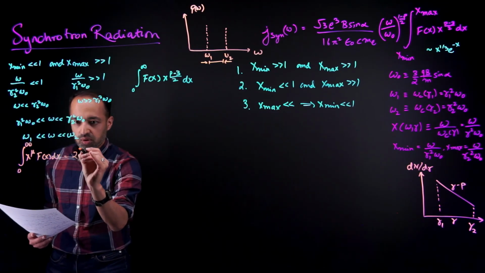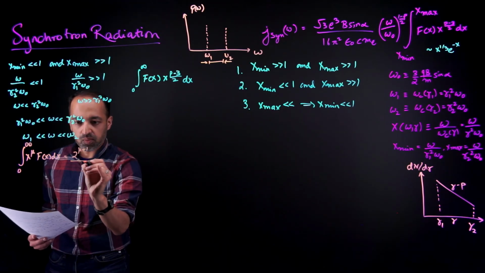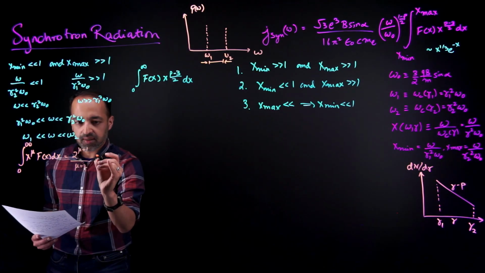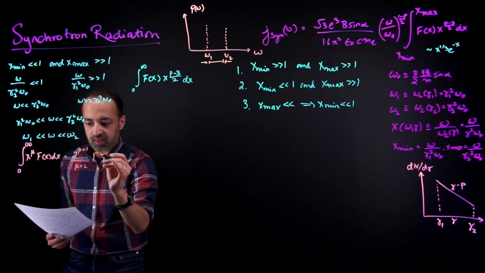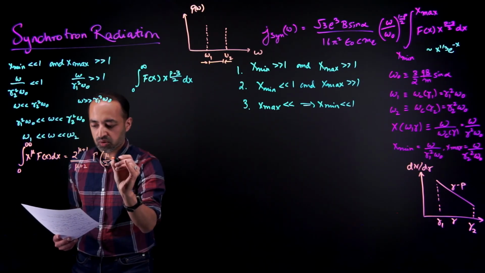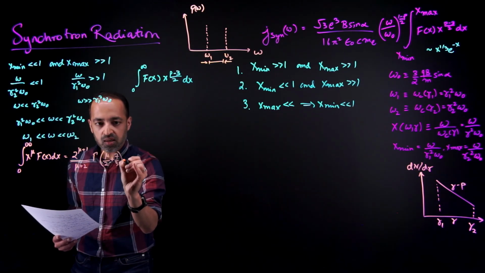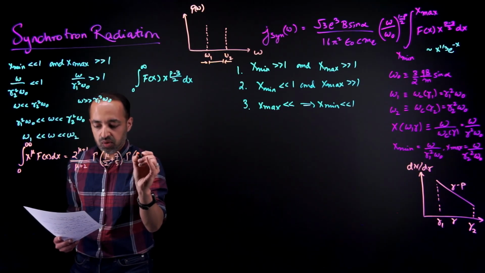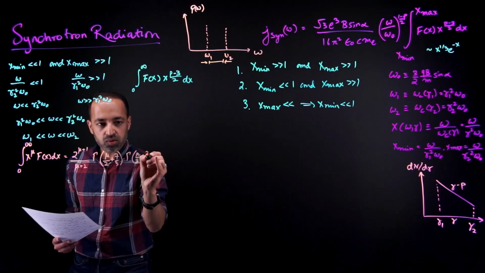It is 2 to the power of mu plus 1 over mu plus 2 times gamma, this is the gamma function, it's not a Lorentz factor, of mu over 2 plus 7/3 times gamma of mu over 2 plus 2/3.